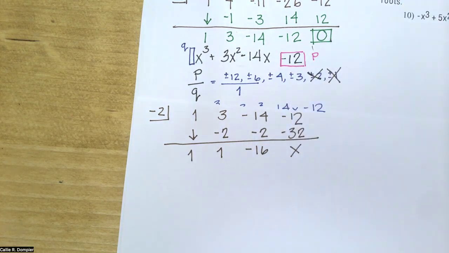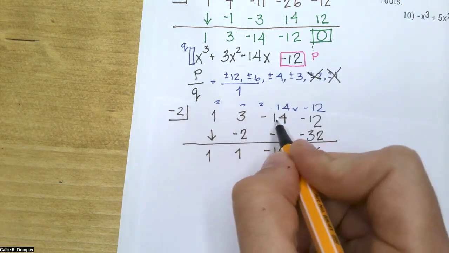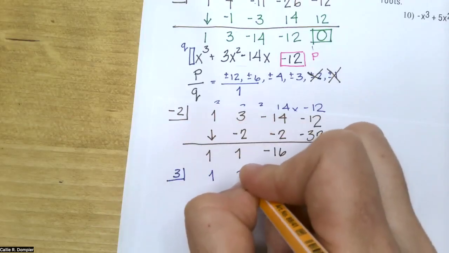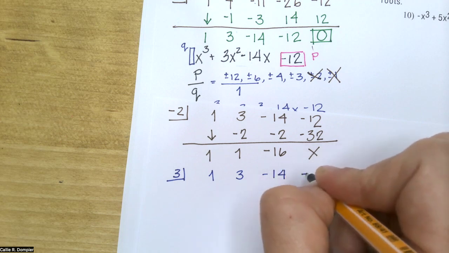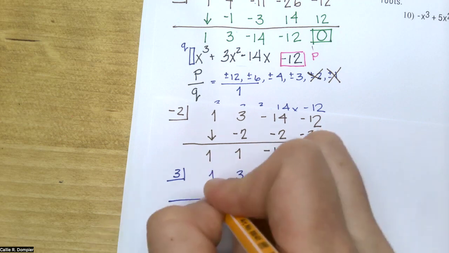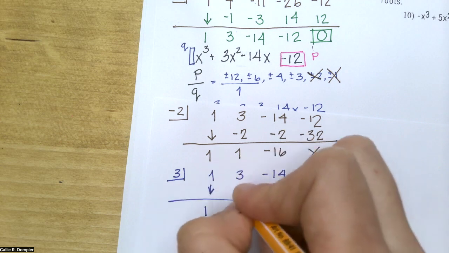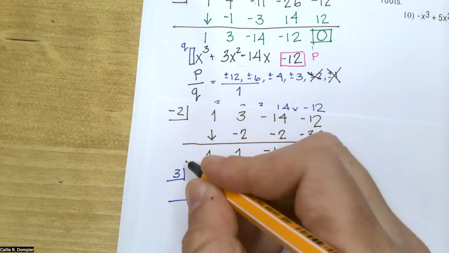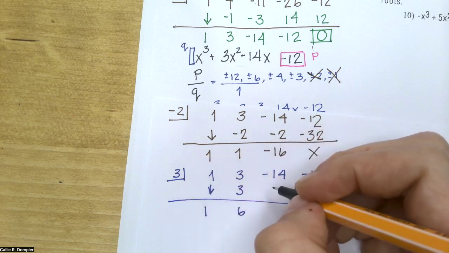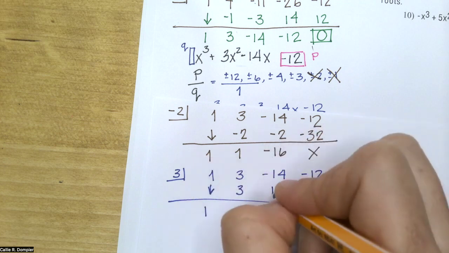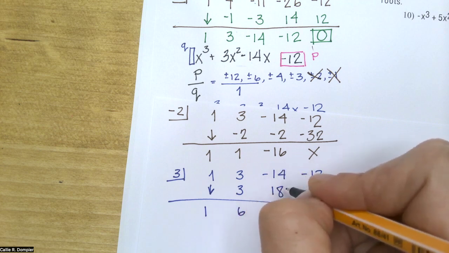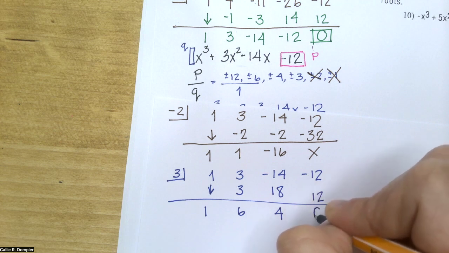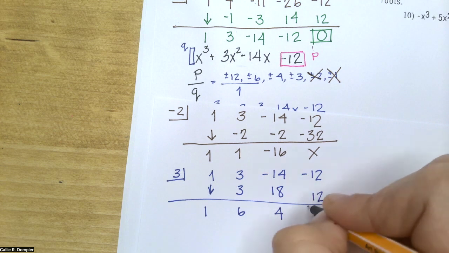We'll go on to +3. Same numbers, 1, 3, -14, -12, but instead of -2, we're going to do a +3. The 1 comes straight down. 1 times 3 is 3. 3 and 3 is 6, so those don't cancel. 6 times 3 is 18. -14 plus 18 is just 4. 4 times 3 is 12, and that gives us a remainder of 0.